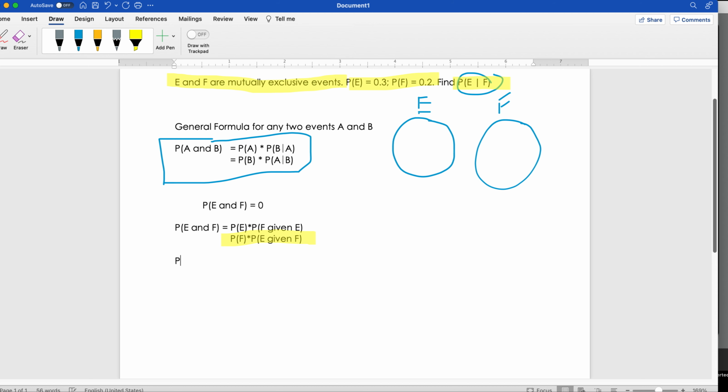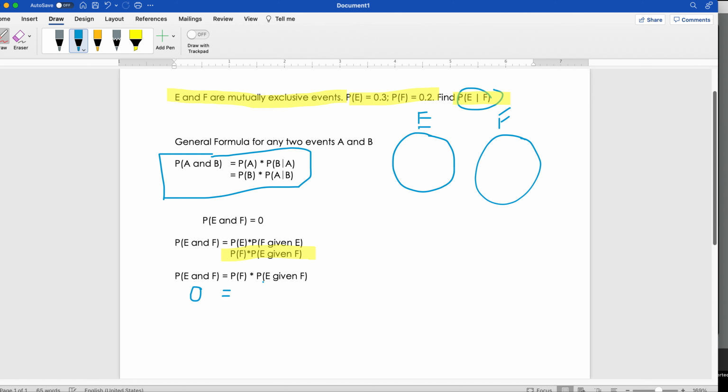So I have the probability of E and F is equal to the probability of F times the probability of E given F. This is the formula I'm going to use. Now, underneath the probability of E and F, I'm going to write 0 because we know that that value is 0. We just talked about that. The probability of F happening is 0.3. That was given to us in the problem.